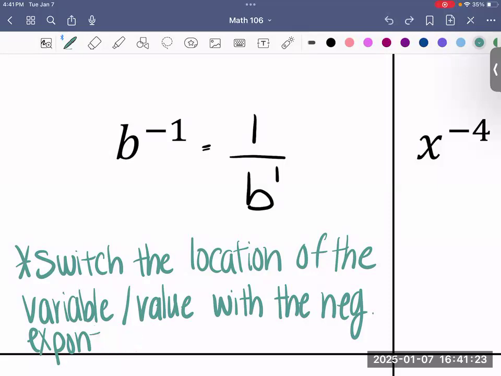I think I had too many T's there. So switch the location of the variable or value with the negative exponent. Only the negative exponent. Do not change the location if other values have a positive exponent. It's only the one with the negative exponent.